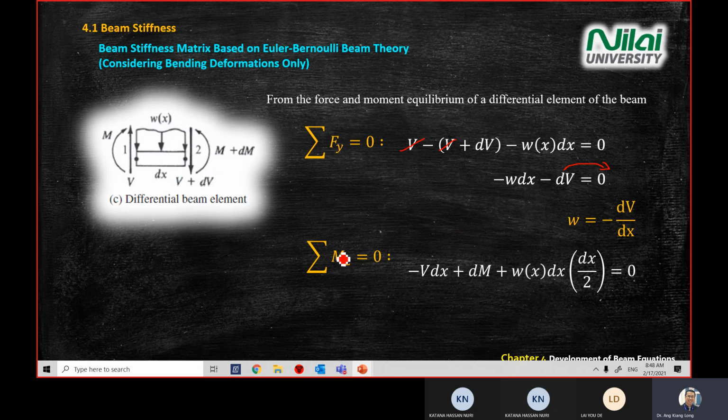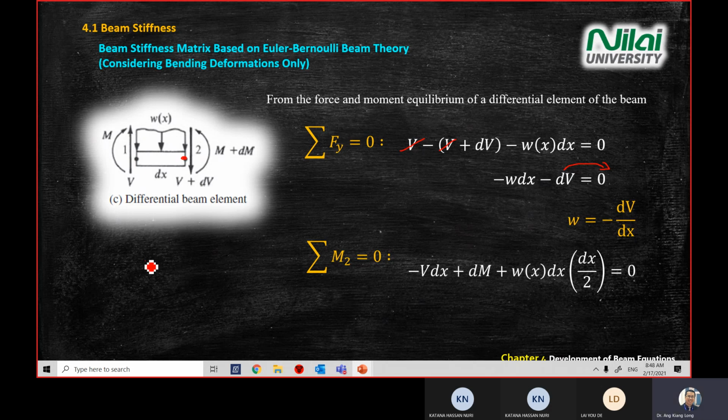For example, if you write the sum of moments at point 2 equals 0, you focus on point 2. You stand at point 2, all the moments at point 2 will be ignored and all the forces through it will be ignored. Then you look at which forces create moment. The first one is negative V times dx. Why negative?